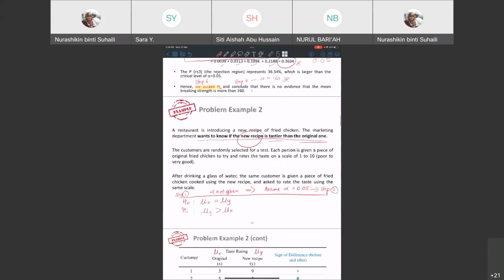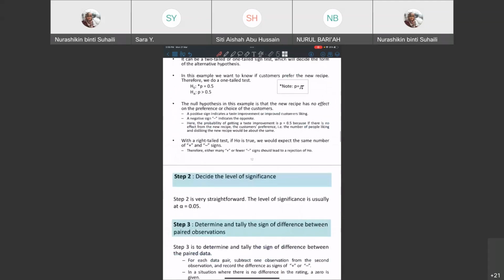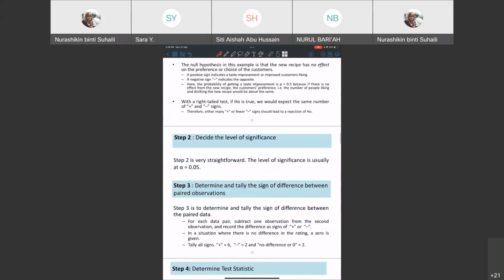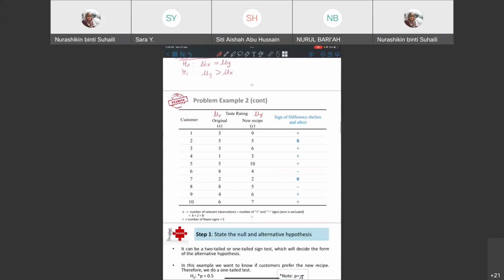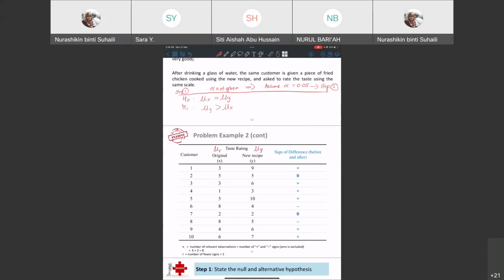Okay, step 3. What is step 3? Determine and tally the sign of difference between paired observations. So you have to check the signs by comparing the pairs. If, let's say, you want to compare 9 and 3, 9 is bigger.